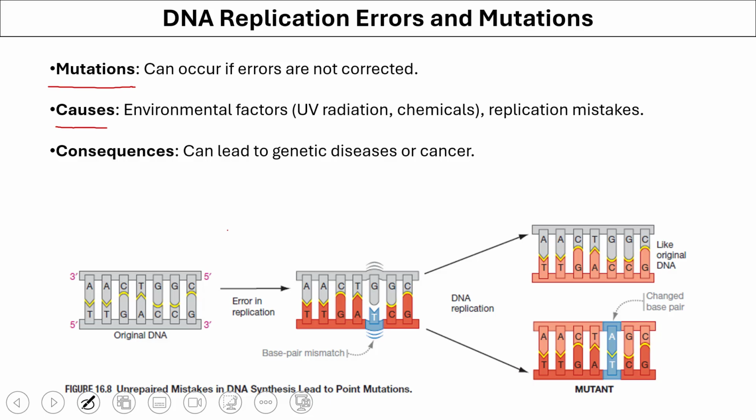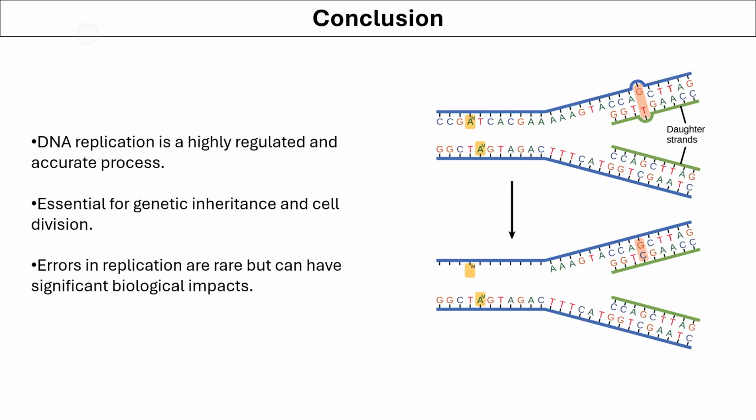These mutations in the strands of DNA can be caused by environmental factors such as UV rays or certain chemicals, or mistakes in the DNA replication. So there will be a mismatch. For example, a mismatch you can see here where G is sitting with T, or there can be breaks in the DNA fragment. These lead to accumulation of genetic defects, leading to genetic diseases and cancer.